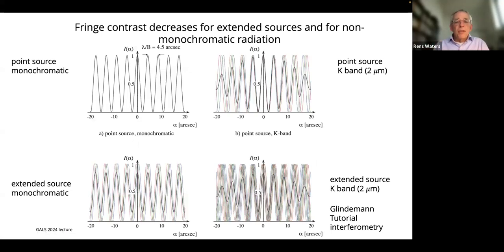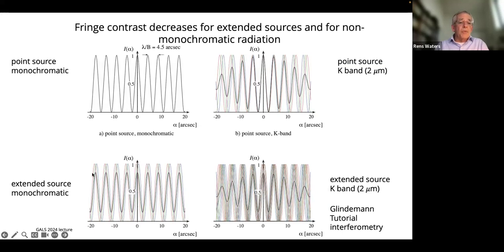You can play a lot of games with these fringe contrasts. So here is another one, just to help you understand the principle. Here you have a fringe of a point source which is monochromatic, in this case an example at a wavelength of 2 micrometers, and then if you make that source extended, the spatial signal from different parts of your object come in at slightly different phases, and they add up in a certain way.